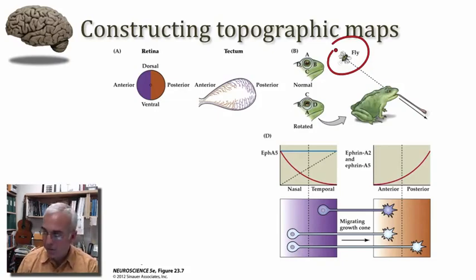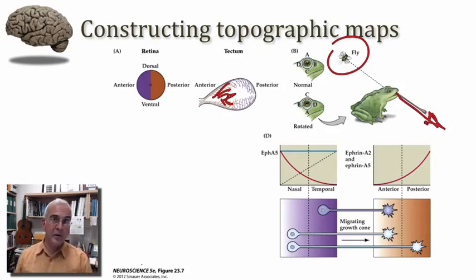Well, that part of the retina is going to innervate and project into this anterior part of the tectum, which is going to be responsible for inducing this reflexive motor action down into the right, which is now exactly 180 degrees off of where the appropriate strike should have been to acquire the target.